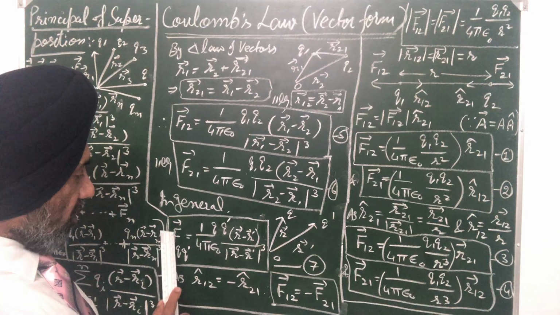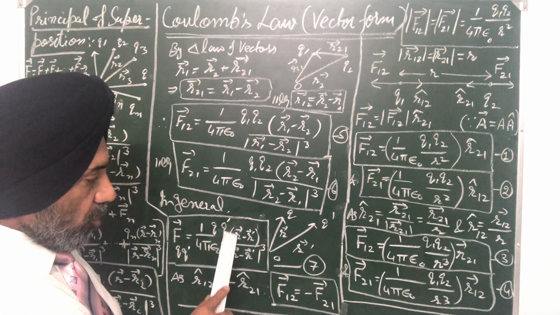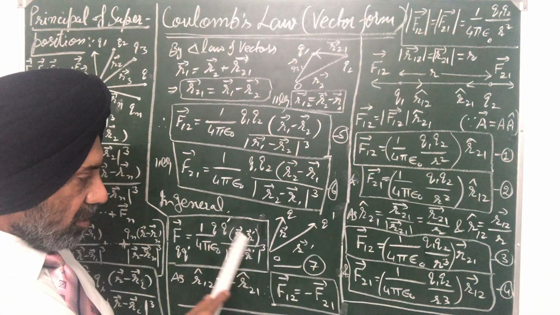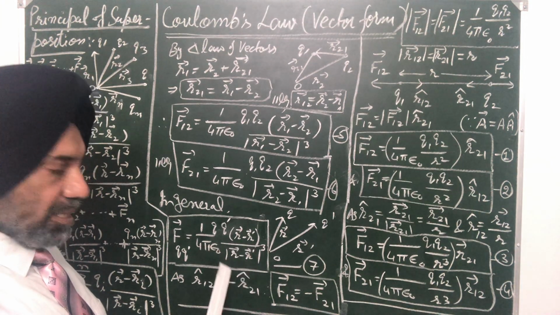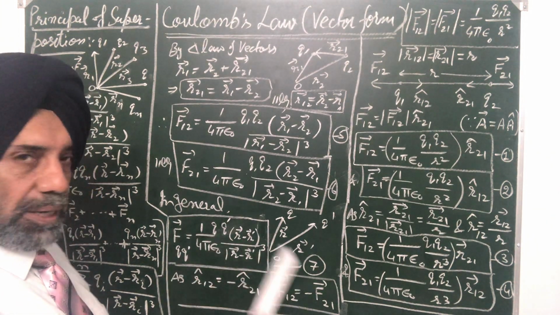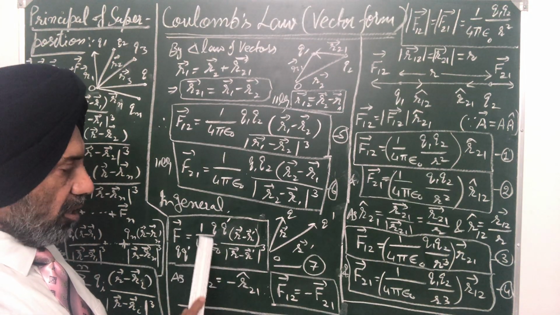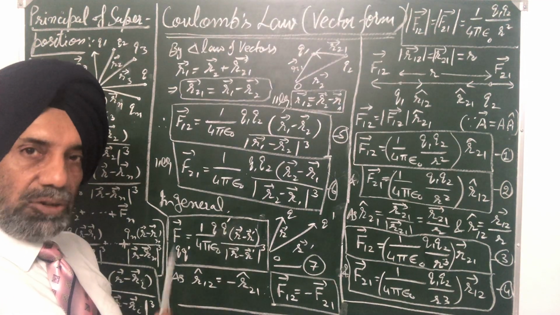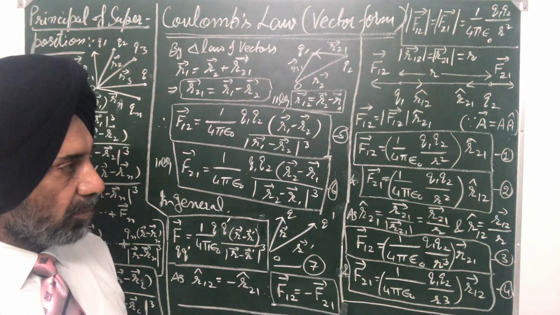That is, if you have to find force on Q, the position vector of Q should come first minus position vector of the next charge, R minus R dash, and in the denominator R minus R dash mod cube. So it is very easy to remember. Force equals 1 upon 4 pi epsilon naught, product of magnitude of charges, position vector of the charge where we have to find the electrostatic force minus R dash, upon R minus R dash mod cube.